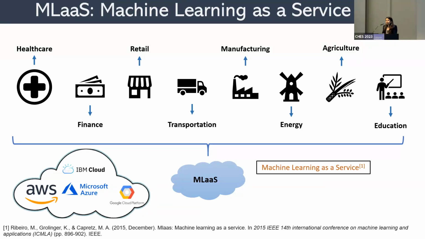Also, it's good for industries which don't want to have an ML team of their own and just want to take help from third party service providers like Amazon, Google, and Microsoft, and so on. Machine learning as a service has various benefits in that sense.